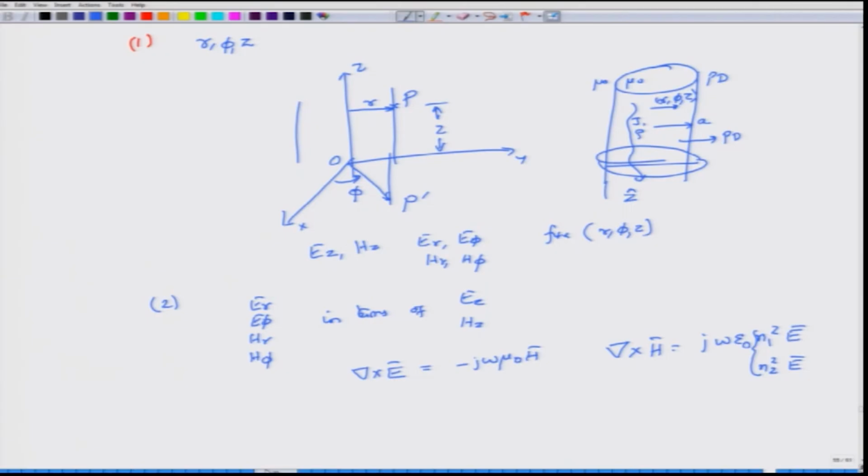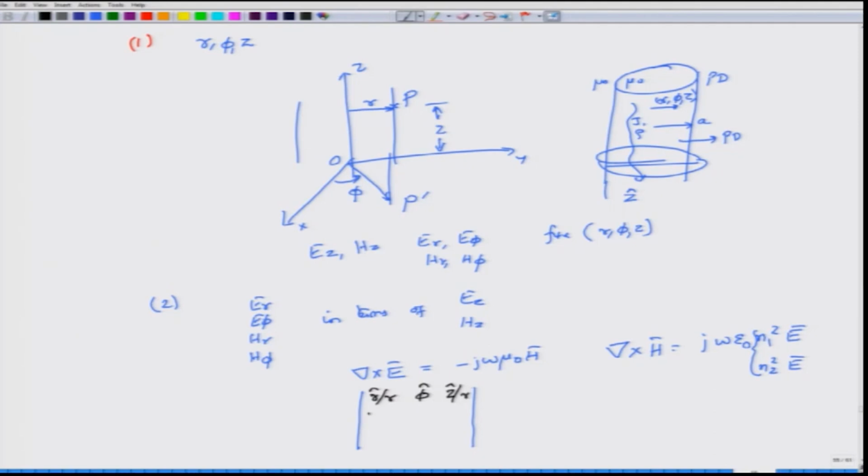So, how do we write these curl of electric field or curl of magnetic field expressions in the cylindrical coordinate system? Well, we go to the determinant idea again. You can look up any textbook which deals with vector analysis. These are the 3 unit vectors along r, phi and z, and this is the determinant form.